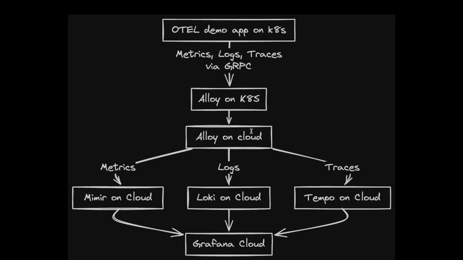So from Alloy, Grafana Cloud will take care of sending the metrics, logs and traces to its respective endpoints, Mimir, Loki and Tempo. Now all of the data will be available on these three different data sources, which are also added by default on the Grafana Cloud that we see for visualization.